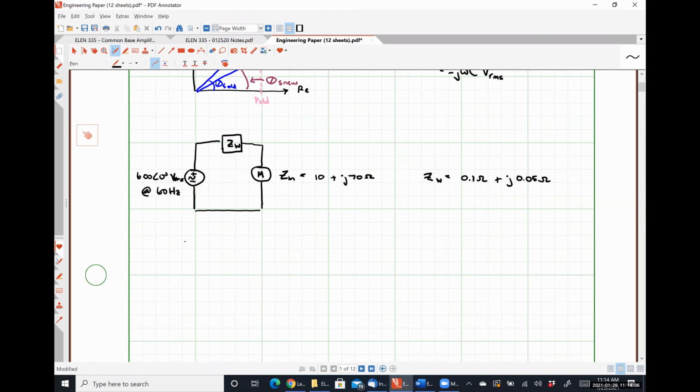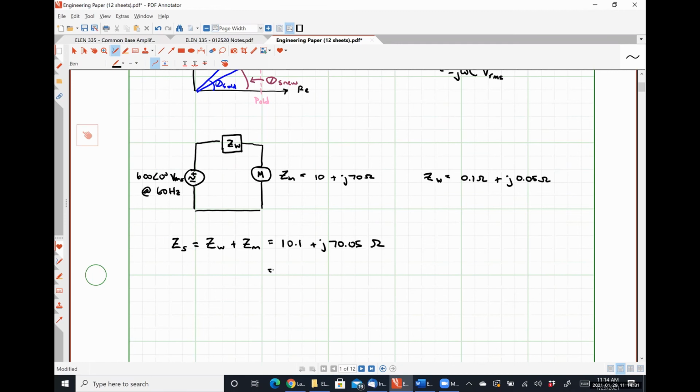So I'm going to just call this Z_S, the impedance seen by my source, which is going to be Z_W plus Z_M, which would be 10.1 plus j70.05 ohms.